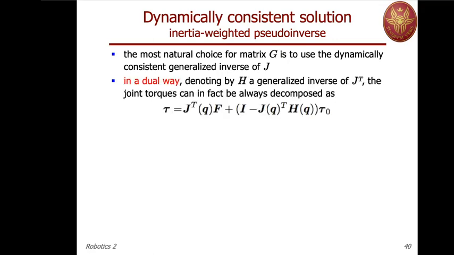And the way in which this methodology is pursued can be obtained by following a dual derivation of what we have done at the level of velocities, so finding the minimum norm solution and then finding the null space term and so on. But now we work on force transformation.